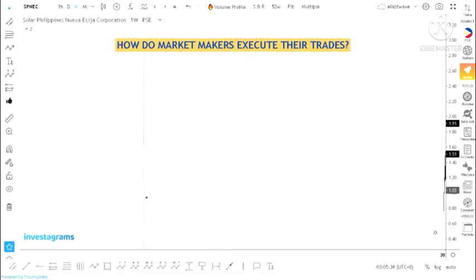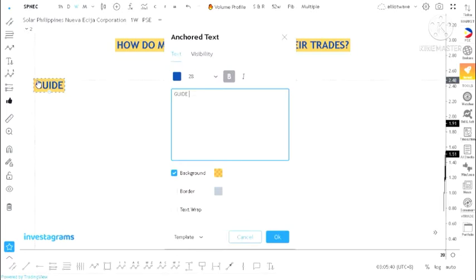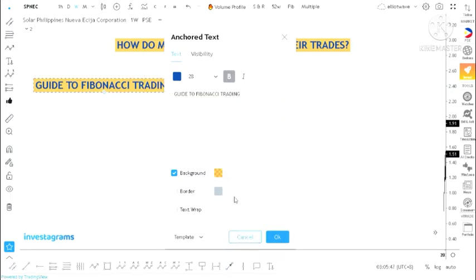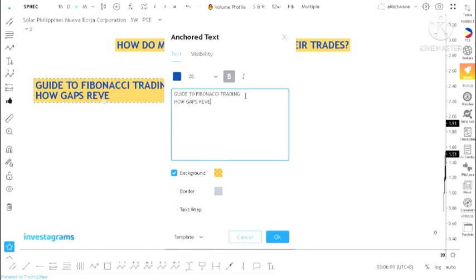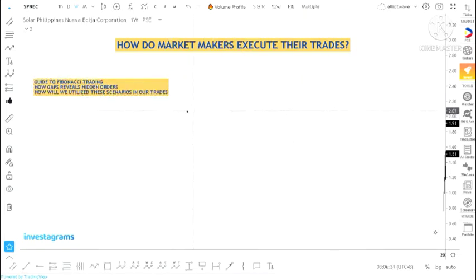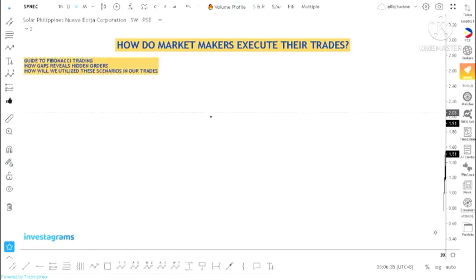Firstly, I will be sharing a guide to Fibonacci trading. Next, how gaps reveal hidden orders and how we can utilize scenarios in our trades. One by one we will answer these topics.